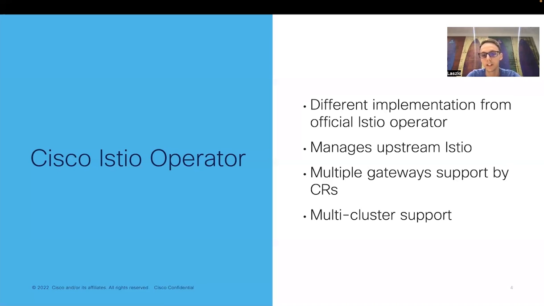Let me also say that sometimes operators, generally Kubernetes operators, got the critique that they are just installers, basically. I think this whole multi-cluster support that I'm going to be talking about today is a prime example of the operator pattern being used for much, much more than just being an installer.